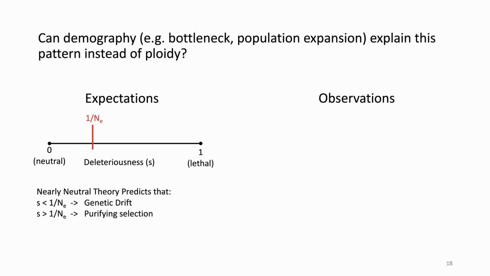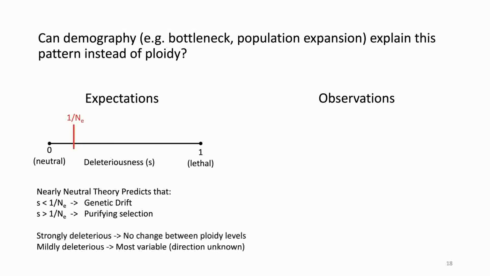So if we see an instance where the effective population size decreases, therefore meaning more mutations are controlled by genetic drift, or if we see a population that is expanding and more of the mutations are controlled by purifying selection.